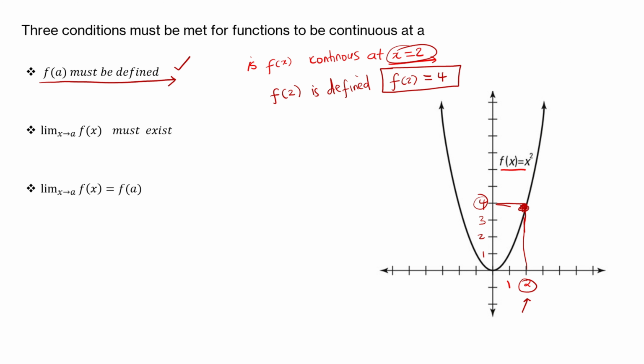Meaning that as you approach that particular x value from the left, you should get the same value as you approach it from the right. So furthermore, we can say that the limit as x approaches a from the left of f of x must be equal to the limit as x approaches a from the right of f of x. That's the only way to see if the limit exists or not.